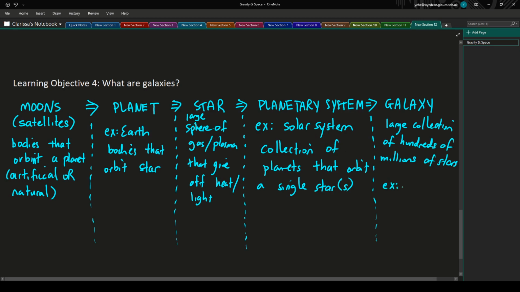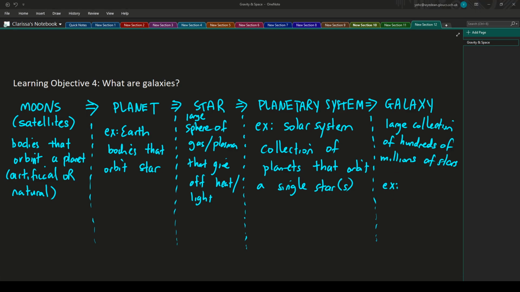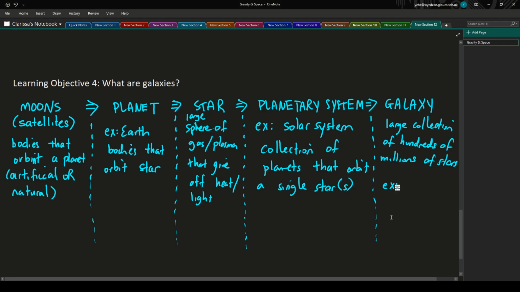And our galaxy's name, anyone know what our galaxy's name is? Milky Way, very good.